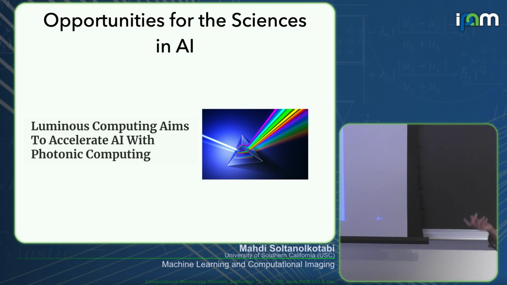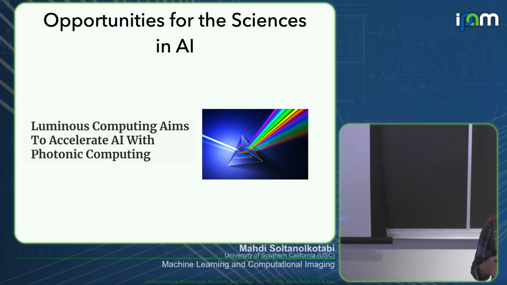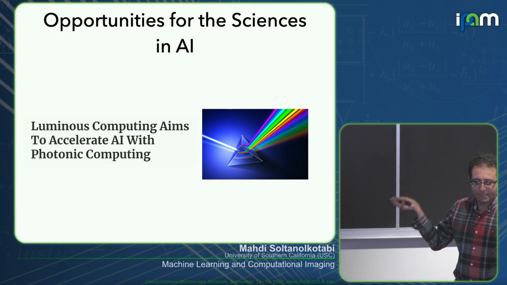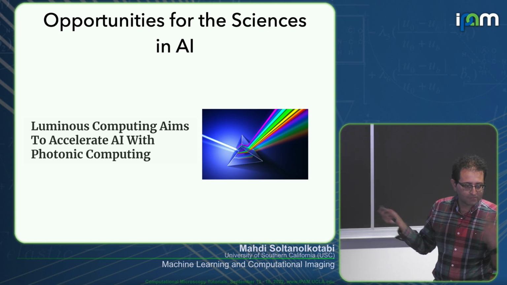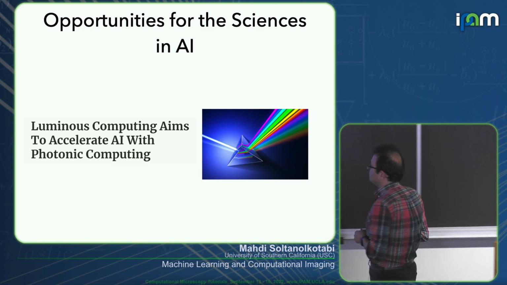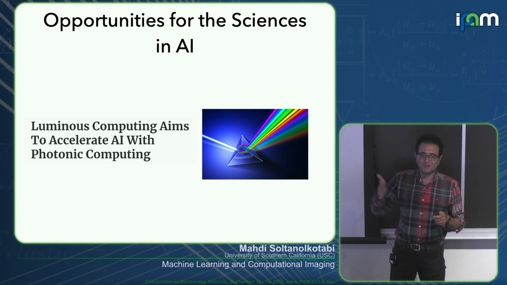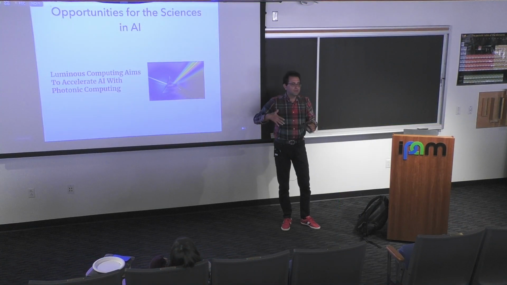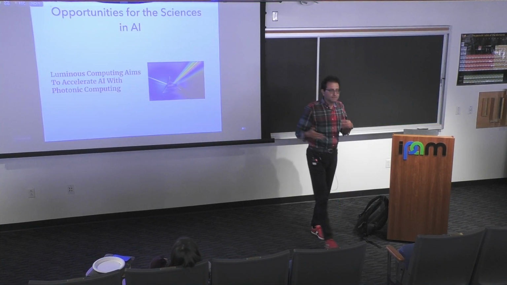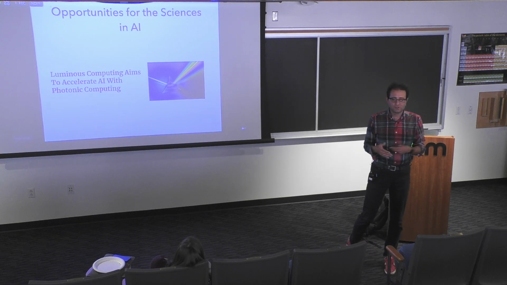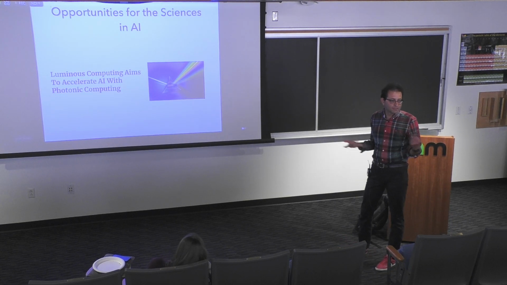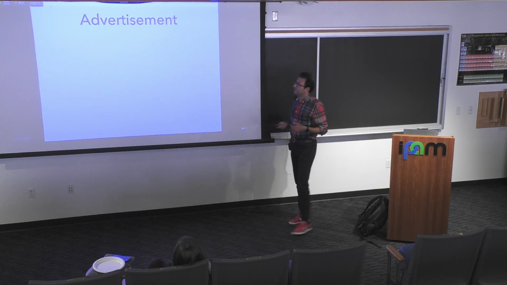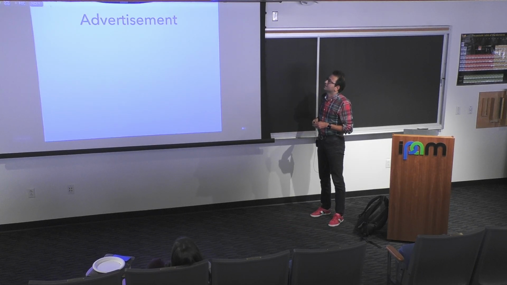So I think it's also sometimes good to think about the other question, which is, can we use the sciences for accelerating AI? Because an optical imaging pipeline kind of does convolutions. Maybe it even does some nonlinearity naturally. Can we use that to actually train these models faster than a computer does? I think the reverse is also quite exciting. Again, not something I'm very familiar with, but it seems like an exciting direction.